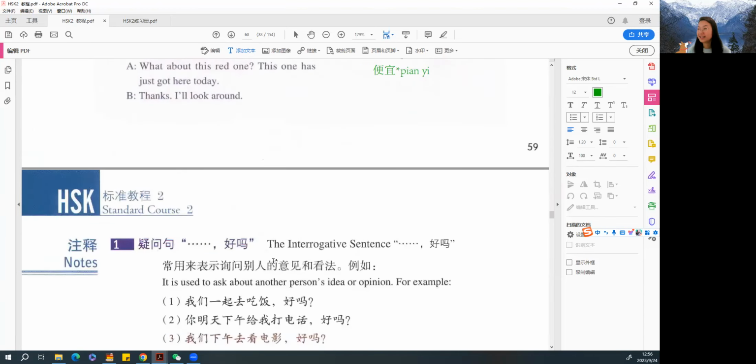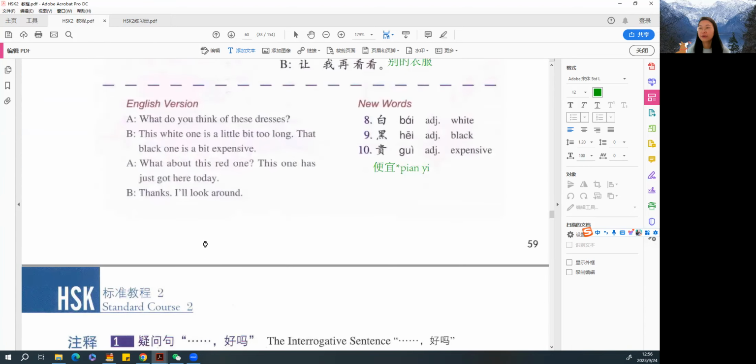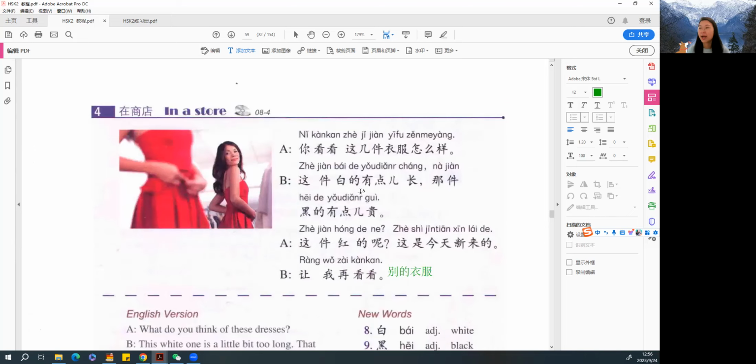Okay, then that's today's class. In the next class, we are going to continue with the notes, the pronunciation, and also the exercise book. Please do not forget the homework: for each new text, read it aloud like 10 times, 20 times.